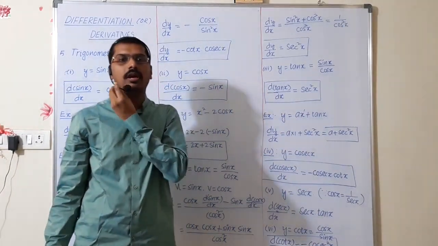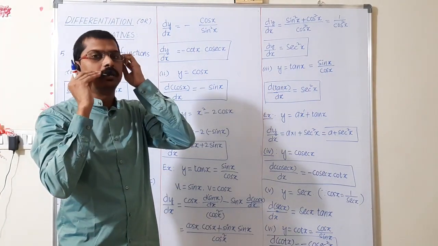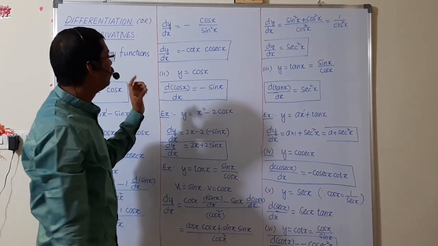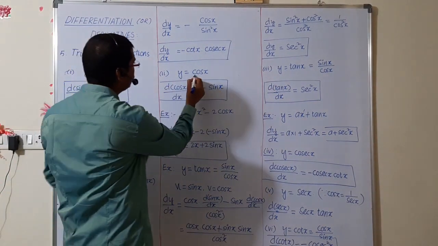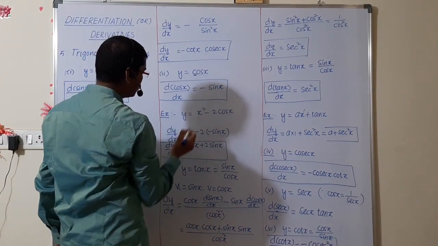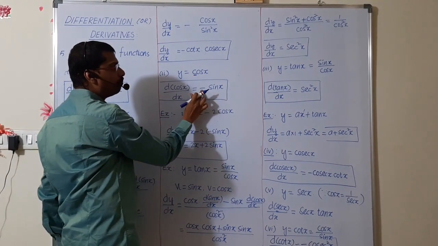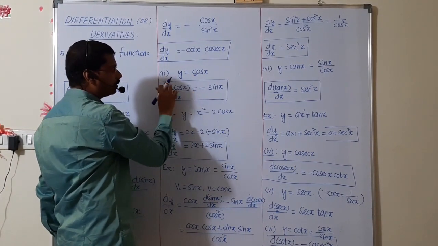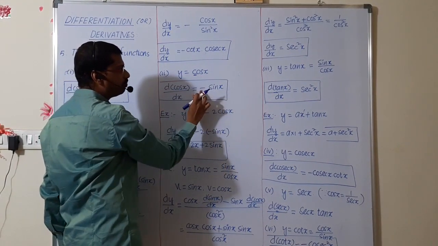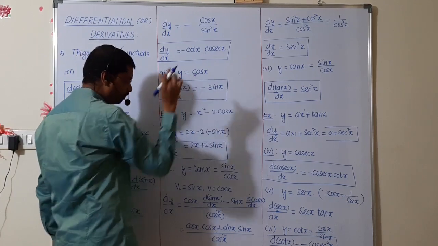Here is one more point we have to remember. I will give you one logic that we can use wherever the differentiation of a c-term appears: the differentiation of c gives the minus term. Differentiation of cos x is minus sin x, it starts with c.